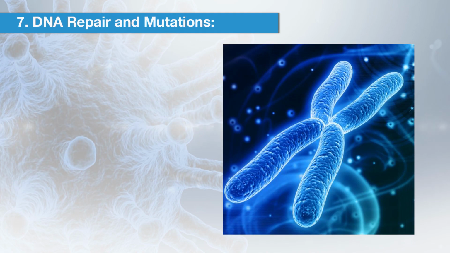DNA repair and mutation: DNA repair refers to the mechanisms that correct errors in DNA replication and respond to DNA damage, maintaining genomic stability. Whereas mutations are changes in the DNA sequence which can be caused by various factors including mutagens and errors during replication.